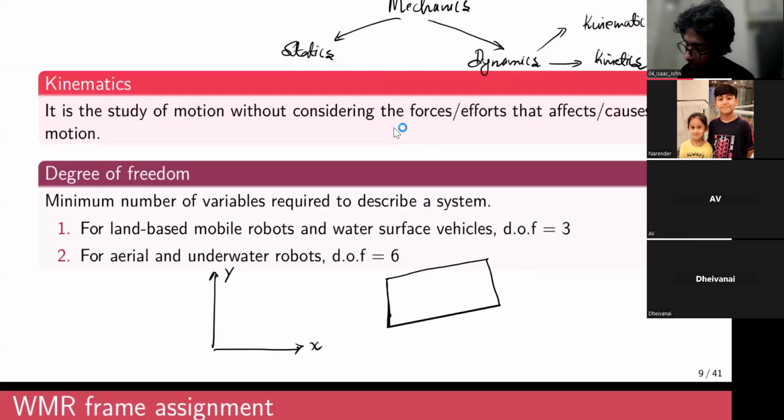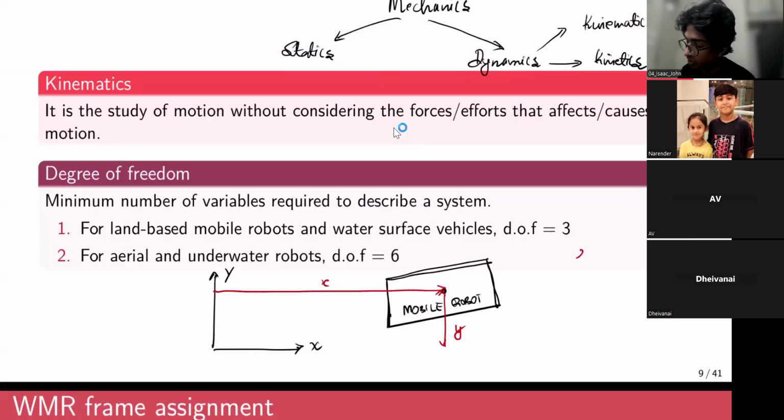So the question is, how many variables do you need to describe this mobile robot? You would need 3 variables, right? 2 variables for position. I'll label this as the y coordinate, and this is the x coordinate.